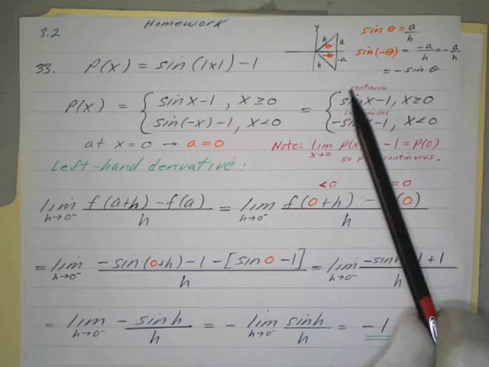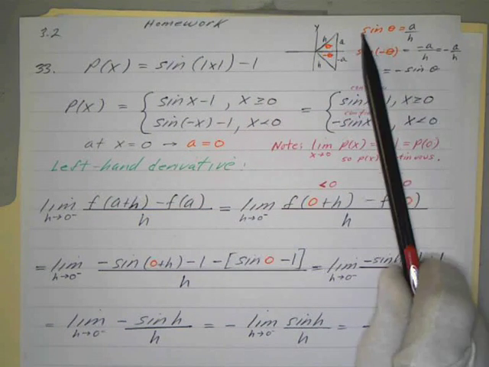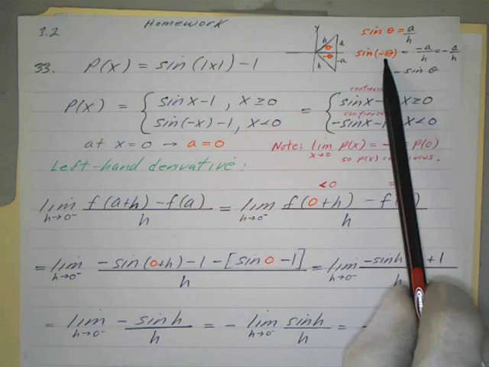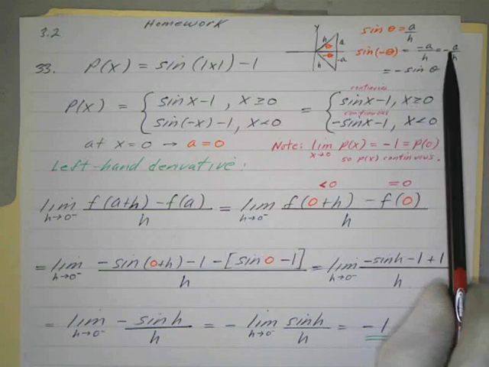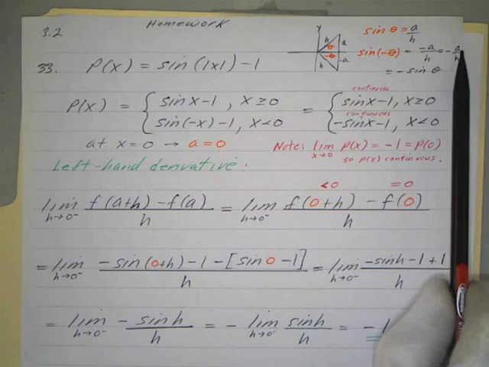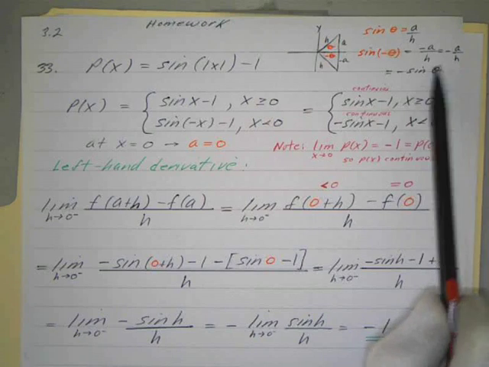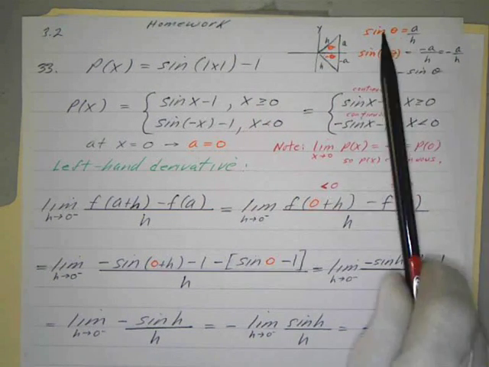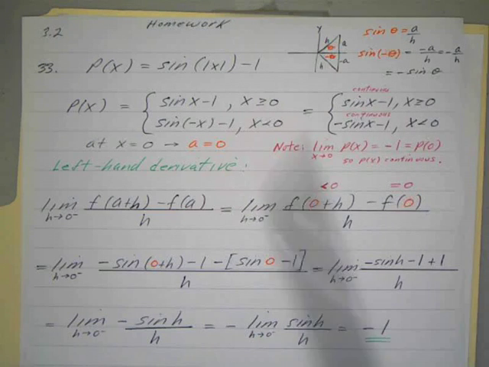So the sine of negative theta equals negative a over h, but the sine of theta is just a over h, so I get negative sine of theta. You can derive it like that. Again, the sine of negative theta is negative the sine of theta.